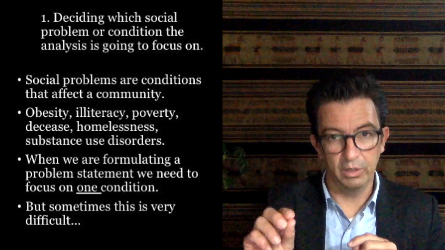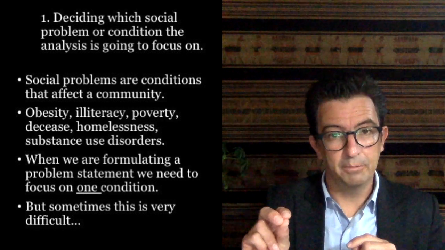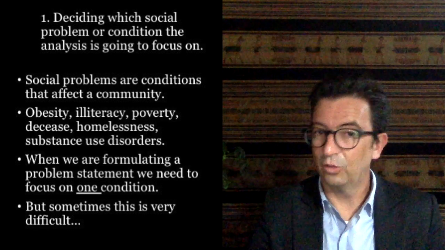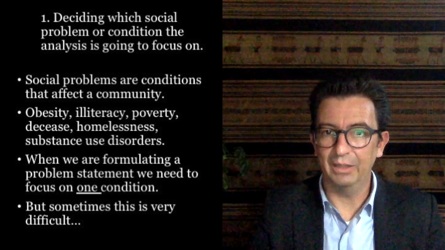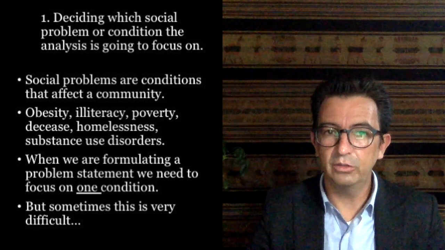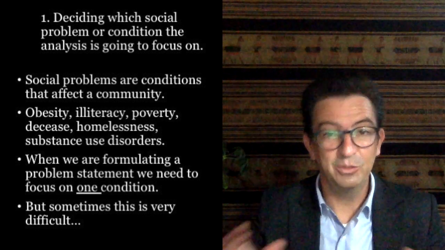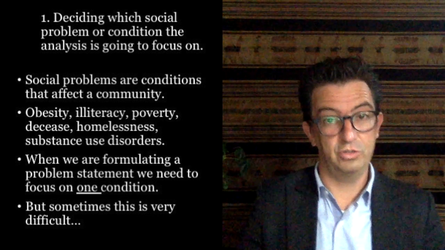We need to pick one. But sometimes this is very difficult because in the world we live in, problems are complex, and it's hard to know sometimes which one is the cause, which one is the consequence, and which one is the actual issue that we should be dealing with.